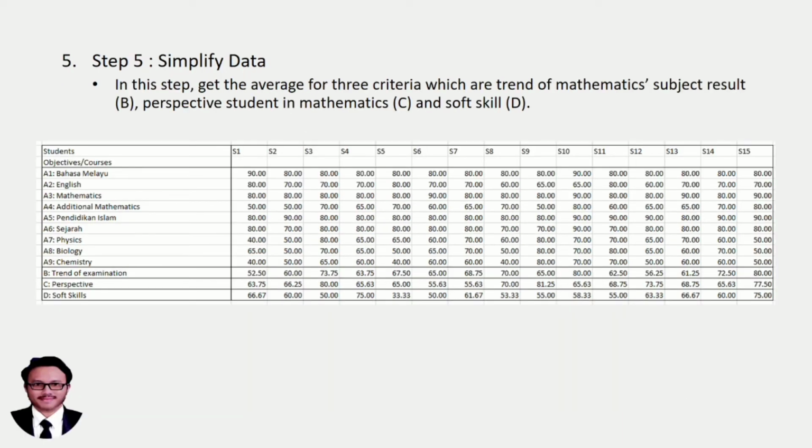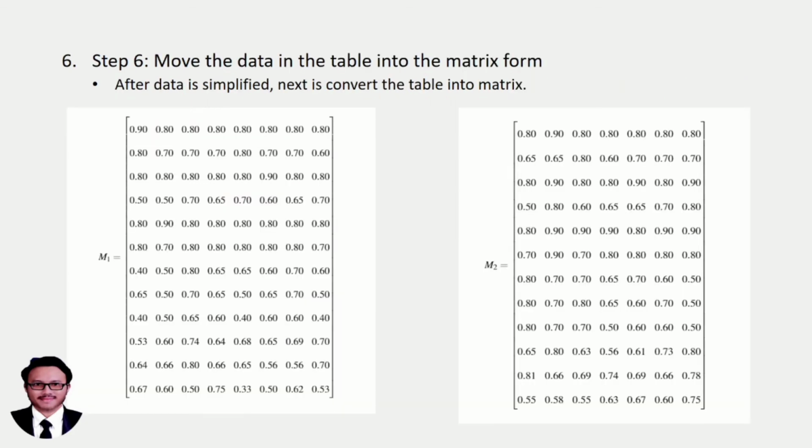The next step is simplify data. In this step, get the average for three criteria which are trend of mathematics subject result for B, perspective in mathematics for C, and soft skill for D. We get the average for each value in B, C, and D. Next is step 6.